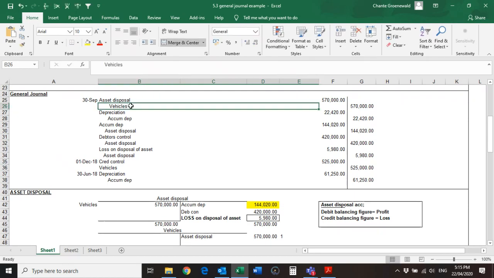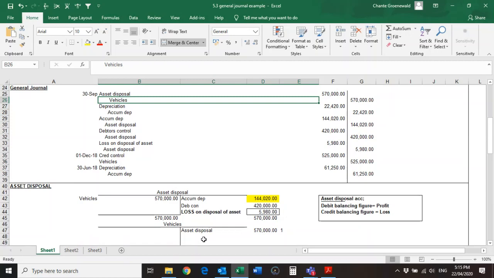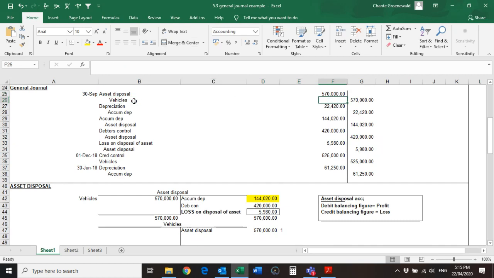I credited my vehicles account. So this is how you do a general journal. You are saying, I debited my asset disposal account and credited my vehicles account to take out the vehicles at the cost price of 570,000 Rand.